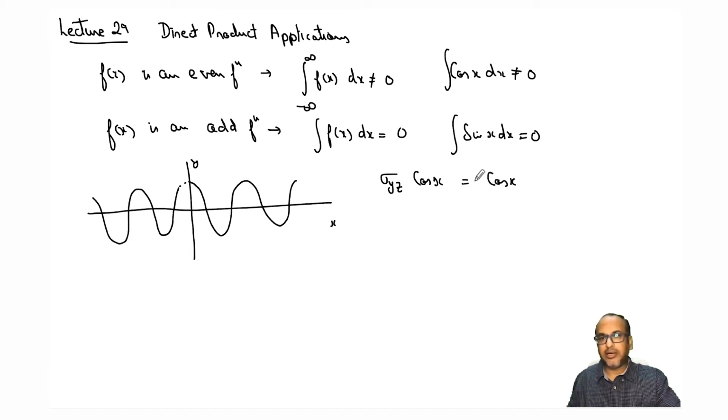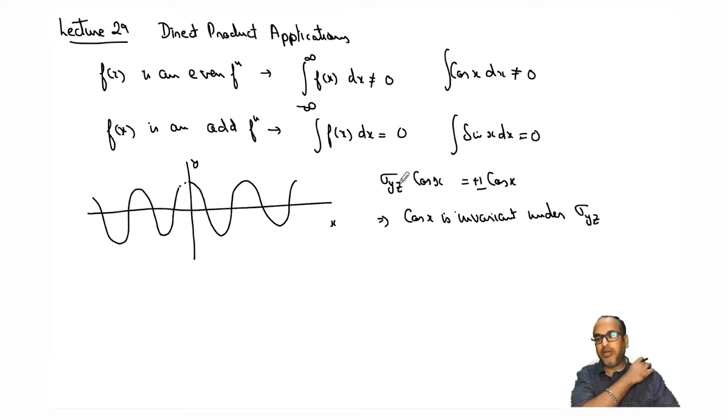That means the character under this is +1. So this would imply that cos x is invariant under sigma YZ, because our character is +1 when we apply sigma YZ onto cos x.